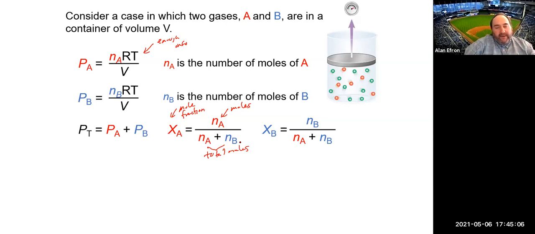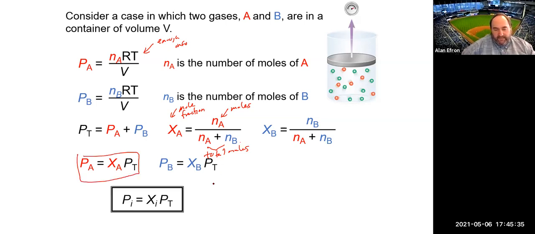So if we don't have enough information to use the ideal gas law, this could be a situation where maybe they don't tell you the temperature, maybe they don't tell you the volume or something of that nature, but maybe they tell you how many moles of each gas you have, or how many grams of each gas you have, and maybe they give you the total pressure. You can use the mole fraction and this version of the equation here.